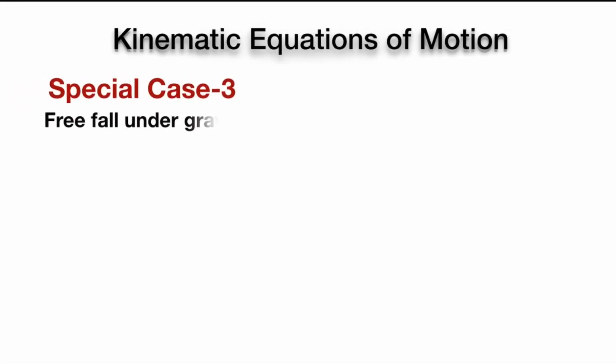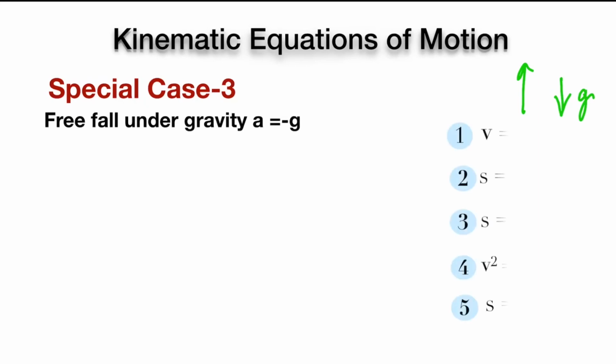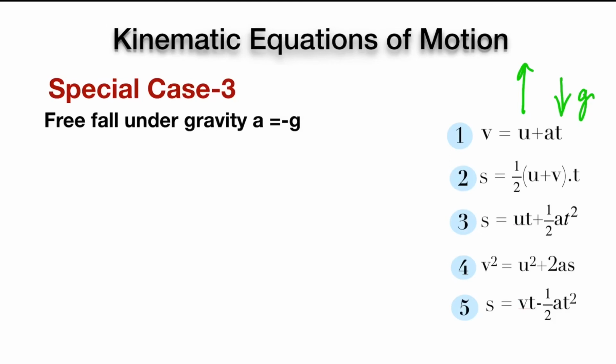Now let's check case number 3. In this case, free fall under gravity, the acceleration is minus g, because if we take acceleration positive in the upward direction, the acceleration because of gravity is in the downward direction. That's why acceleration is minus g. Now let's check our 5 equations.